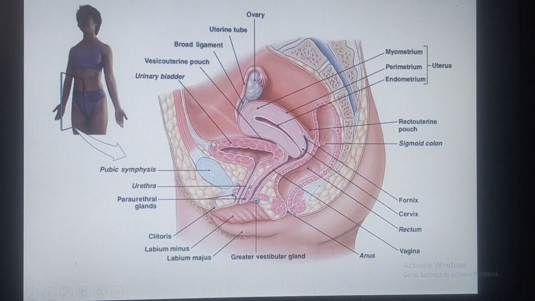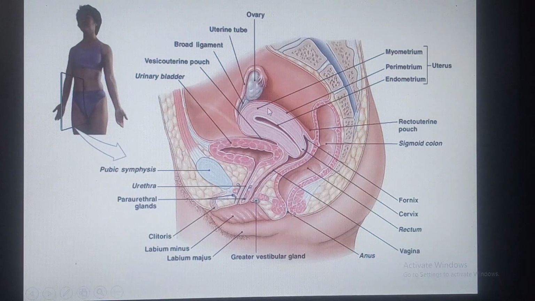Now, this is the uterus. We said that it's roughly pear-shaped, like an inverted pear. As we will see later, from the lumen of the uterus we are going to have the endometrium, that's the mucous membrane, the mucosa of it.